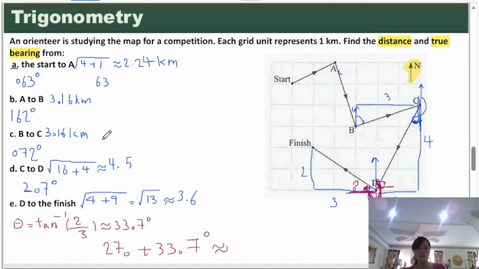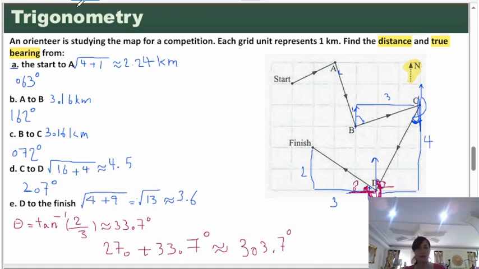Before recording this video, I found all these values because I didn't like to waste time during the recording. The reason I write the final value so fast, so the answer would be 303.7 degrees.